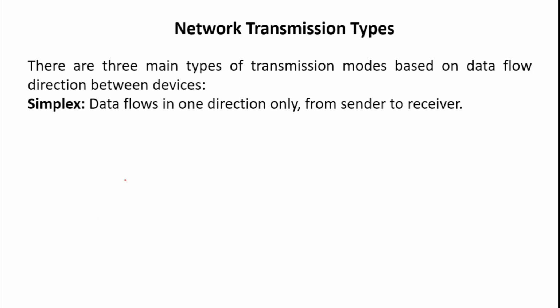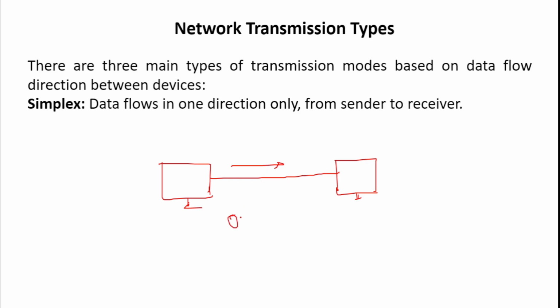In simplex mode, if there is a sender and a receiver, between them there will be a single channel for communication and data will flow in one way. So from here we can say there is one channel and one-way communication.